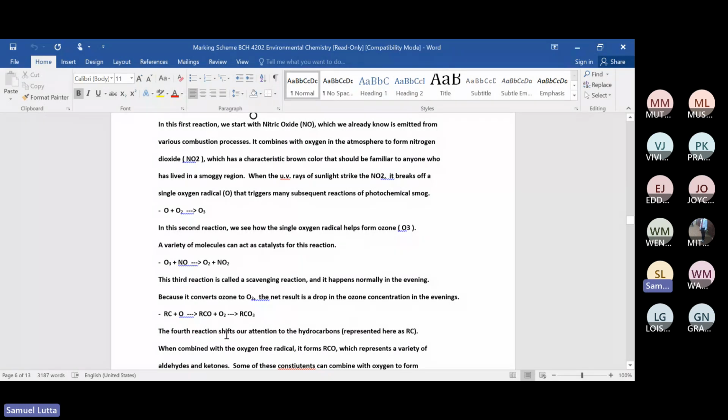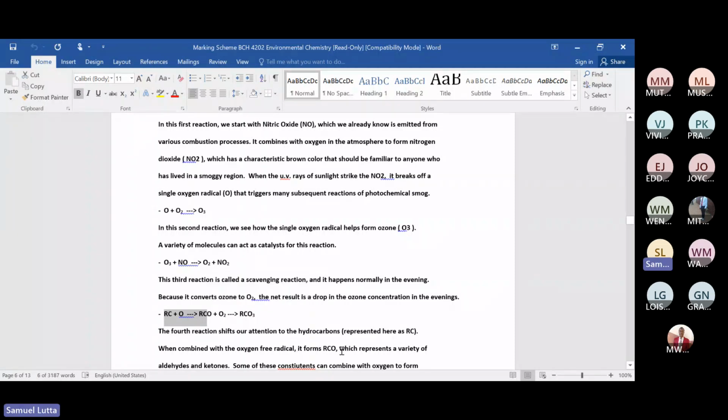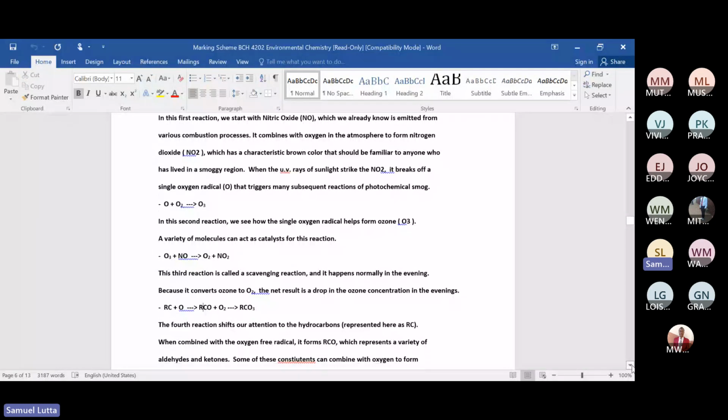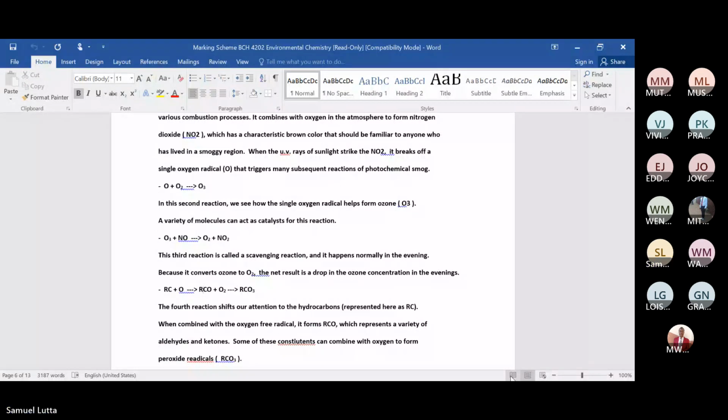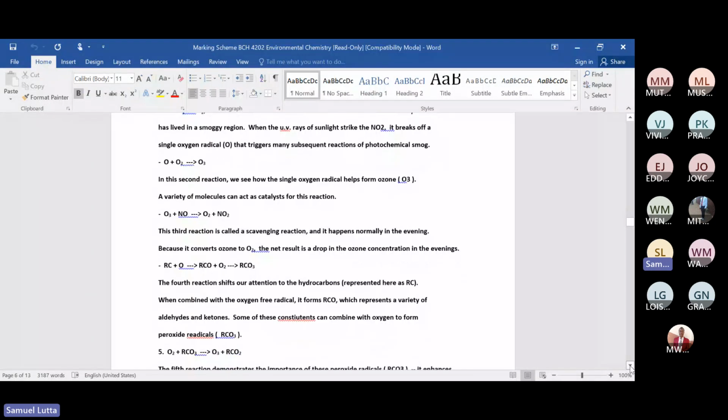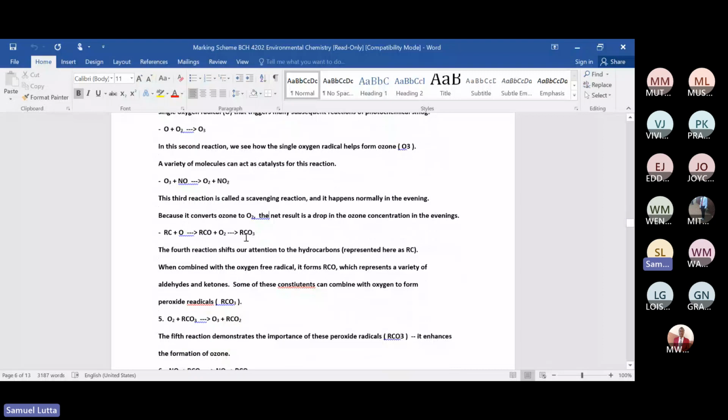So during this fourth reaction, what happens is organics, which you are representing as RC, combines with oxygen to form aldehydes, which can be oxidized further to form what we call a peroxide. So when the RCO means it's a compound of carbon, maybe hydrogen and oxygen, and this generally refer to them as aldehydes. And these compounds can even undergo further reactions to form what we call peroxide radicals.